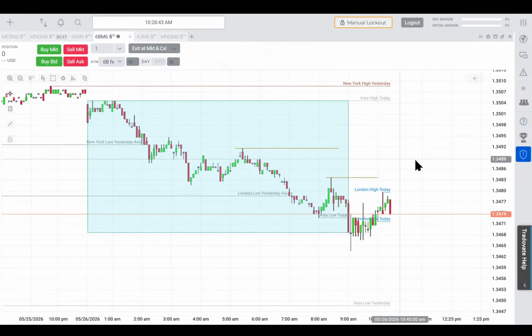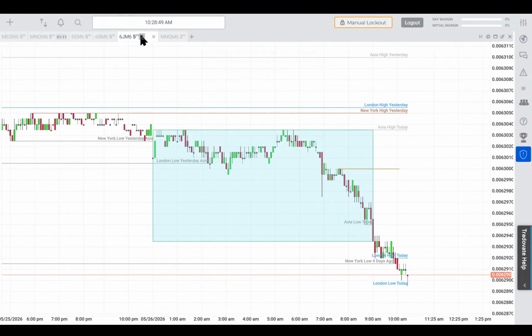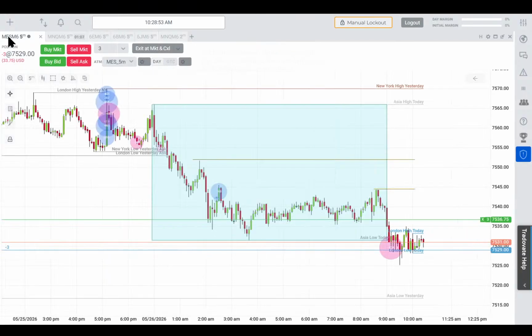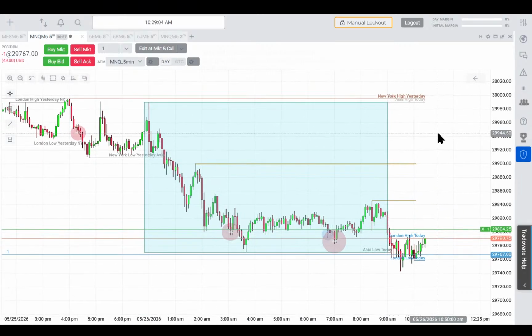Sellers printing, but price not following. That's weakness in the short setup. It's just hovering around. You should be seeing acceleration lower if conviction's there. Yeah, and it's just slowly grinding higher, and it's absolutely not what I want.